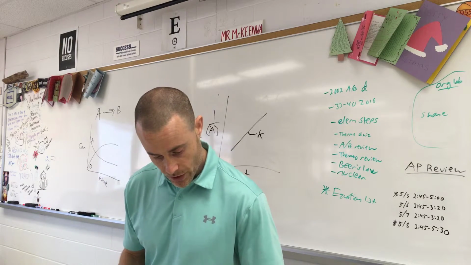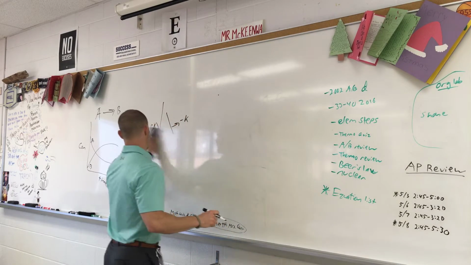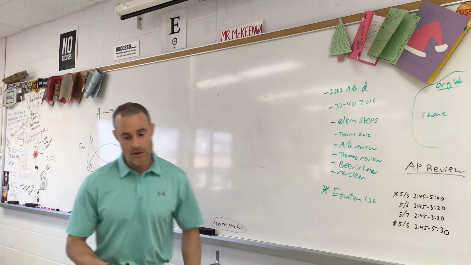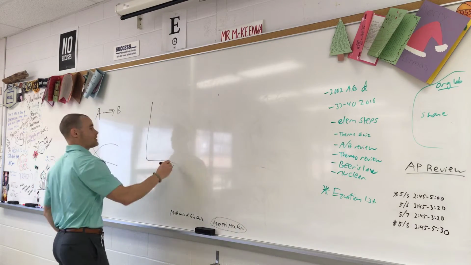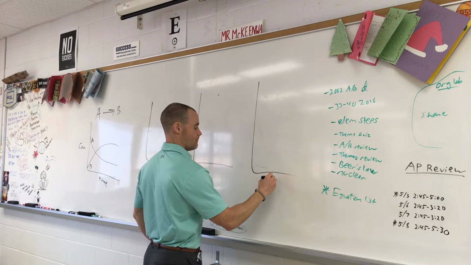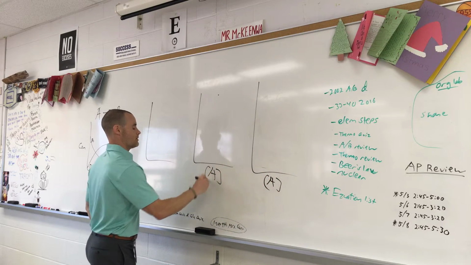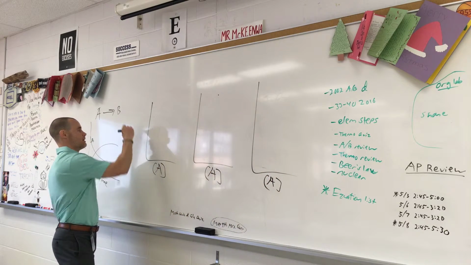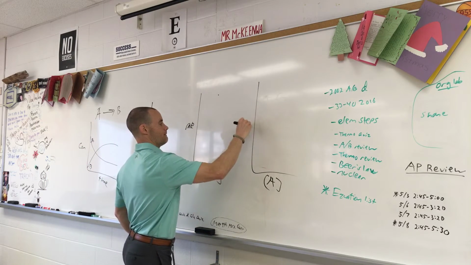Okay, here I wanted to show you these though. This is another thing to remind you of. So if I gave you these 3 graphs, we have concentration of A, concentration of A, concentration of A, and rate, rate, rate.